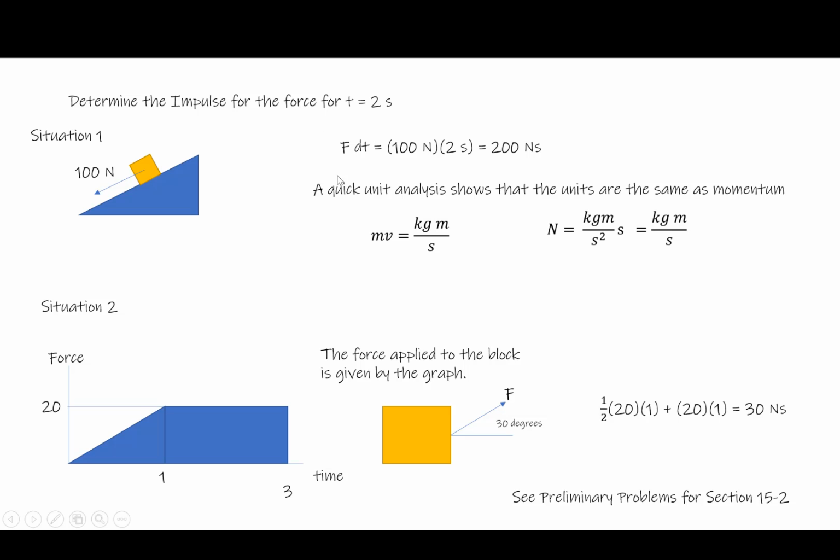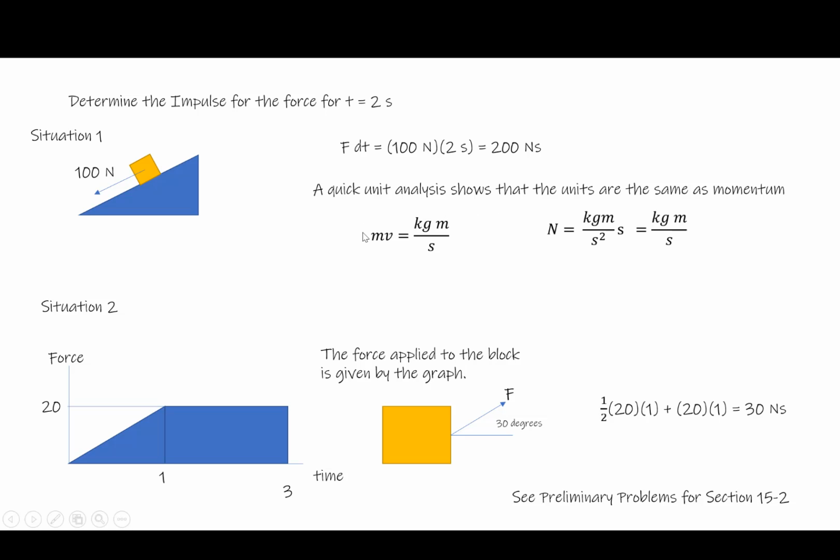The impulse is going to be a force times the change in time. In this case, we've got a constant force, so I don't have to do any integration. It's just going to be my 100 newtons times my 2 seconds, which gives me 200 newton seconds. I'm going to do a quick unit analysis to show you that those newton seconds have the same units as momentum.